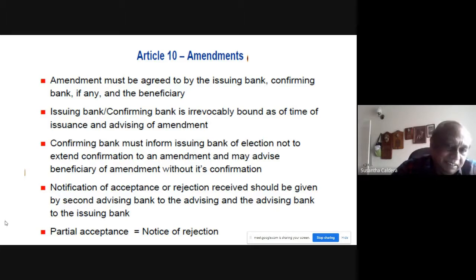What do you mean by that? This is a very important point as a confirming bank. Now, as a confirming bank, you have advised the LC adding your confirmation for an LC of $100,000. Now, the issuing bank is ABC Bank in Colombo.